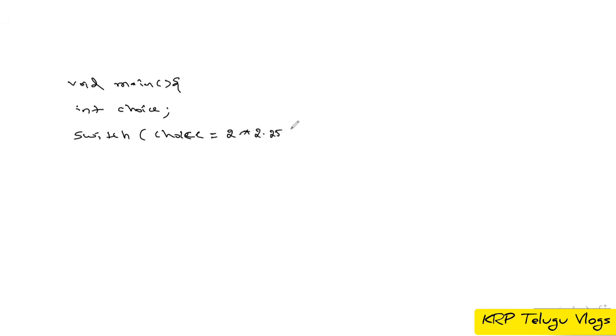So now I'm having void main, int choice, switch choice equal to 2 into 2.5.